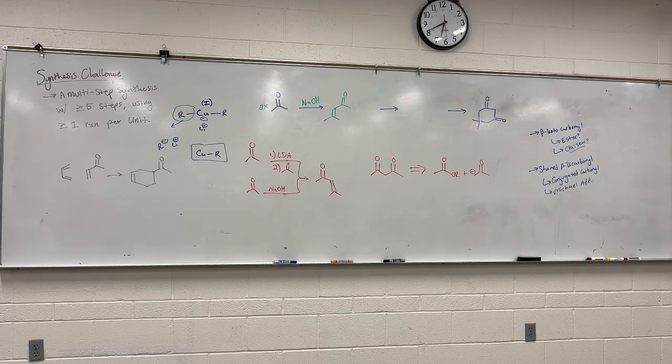I'll be honest, when I ask about Robinson annulation questions on the final, it's usually in the form of multiple choice. And it's typically like which intermediates will you see in this mechanism, or what description is correct of the final product, a conjugated carbonyl. You won't have to do the mechanism for a Robinson annulation.